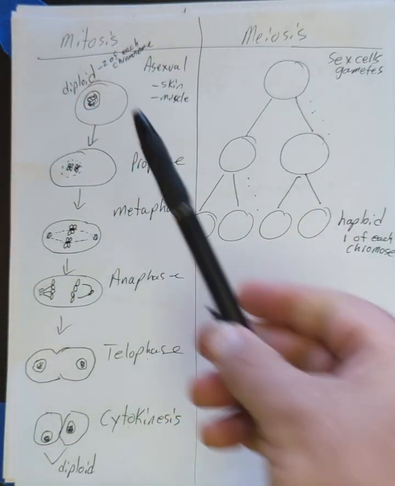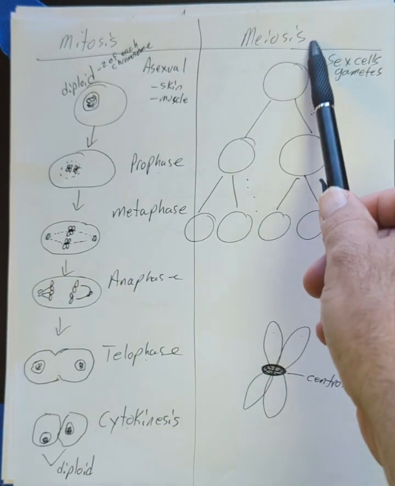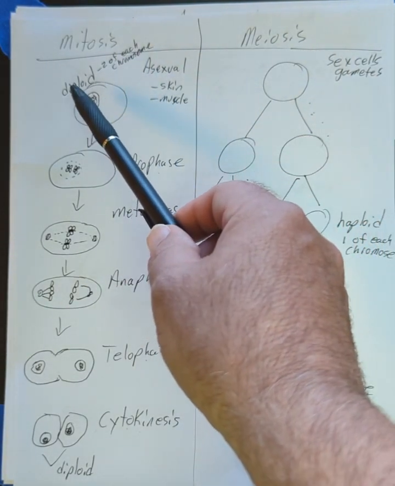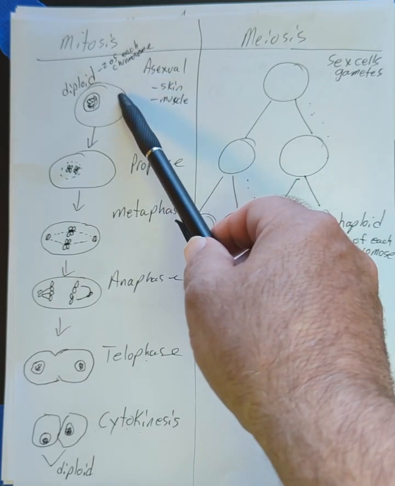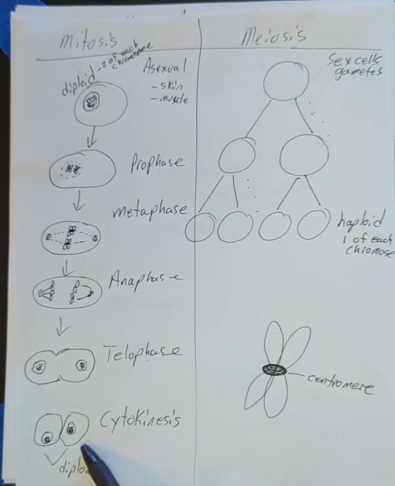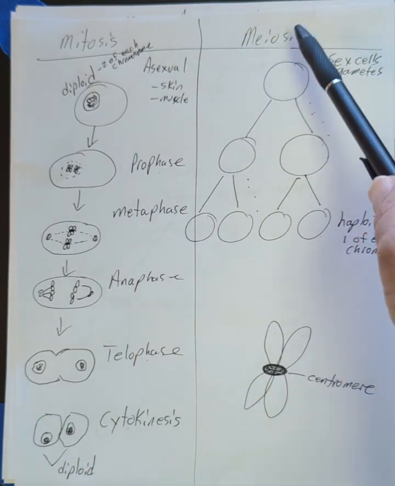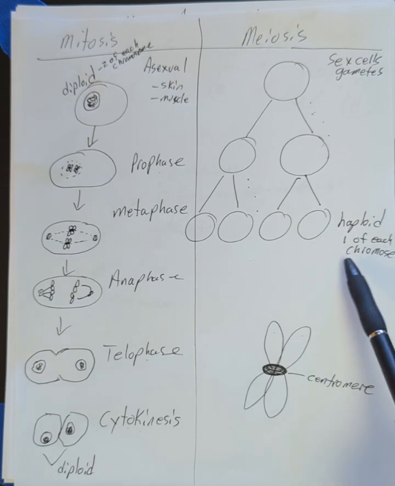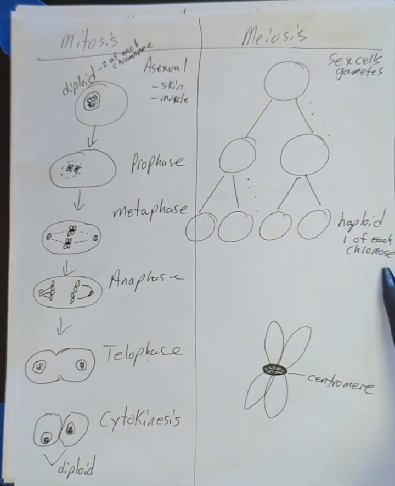All right, we talked about mitosis and meiosis. We didn't talk about meiosis a lot just yet. But with mitosis, you start with diploid cells. They have 2 copies of each chromosome, and you end up with diploid cells. With meiosis, you end up with haploid cells, 4 haploid cells, one of each chromosome.